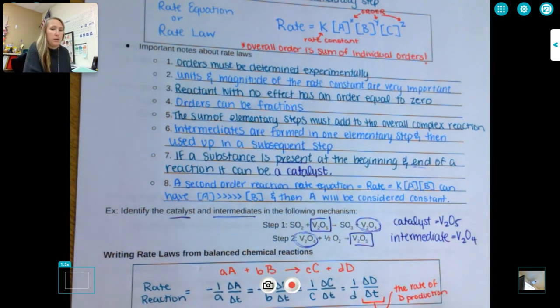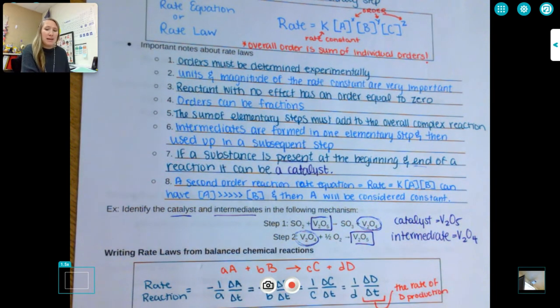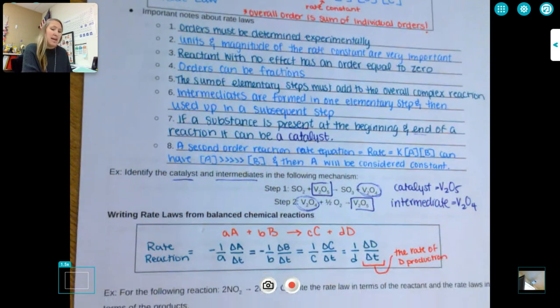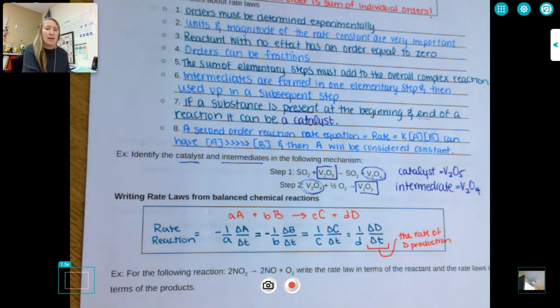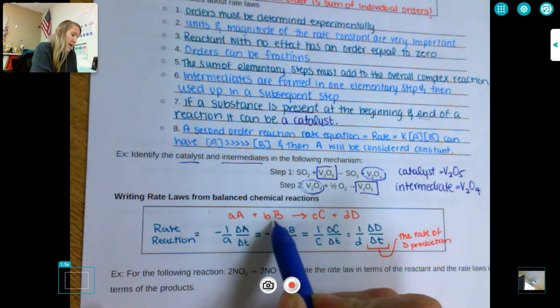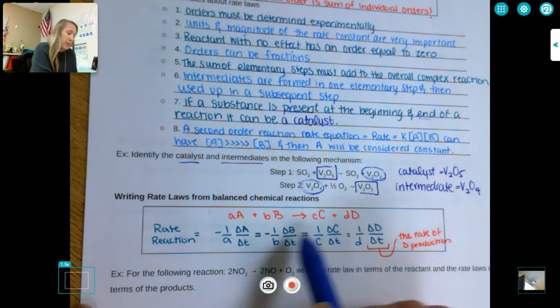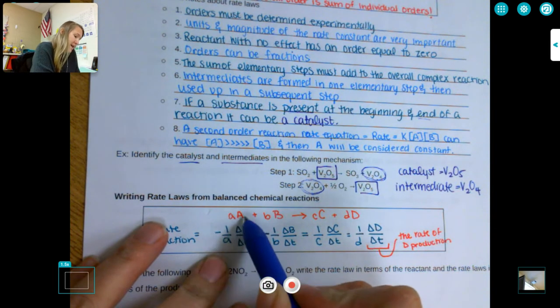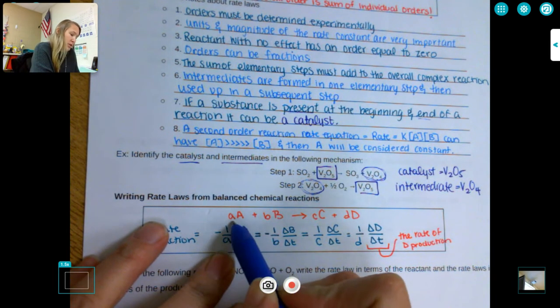Okay. Well, what if I'm given a balanced chemical reaction? Could I write my rate reaction? And the answer is yes, we can get rates, but we're not going to get rate constants necessarily out of it. So if I have the following reaction of A plus B makes C plus D, the rate of reaction means that A is getting consumed in terms of its molar coefficient, right?